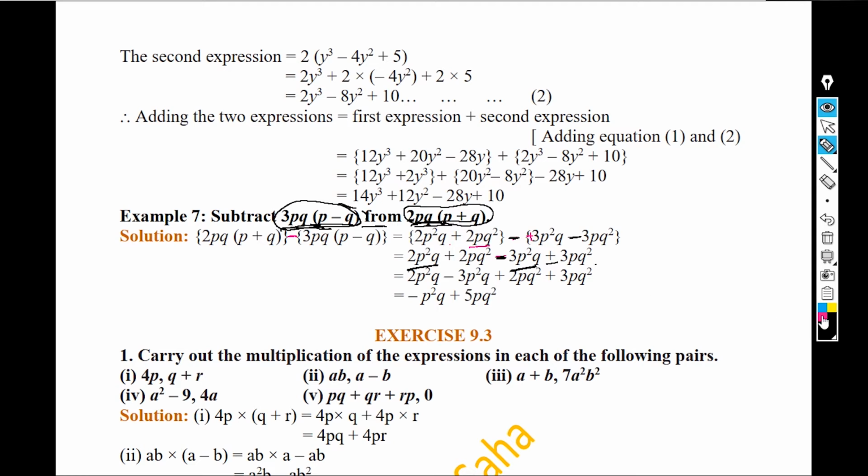Then next, the terms containing pq square is this one and this one. Both are like and both are positive in sign. Then add them. 2 plus 3 is 5pq square. This is the answer. Now students, after solving these examples, you can solve easily the questions of the exercise.